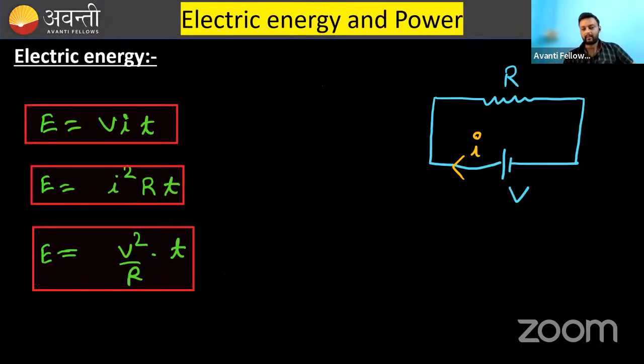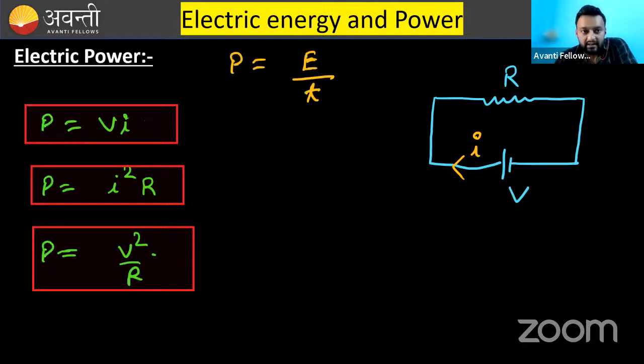Moving further. This is electrical energy. Electrical energy is a very simple thing. You should remember the formulas that I have mentioned. I don't need to explain these things. These are simple formulas, and you can remember them very easily, so I'm not going to invest a lot of time here.